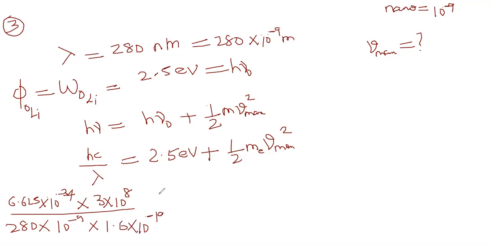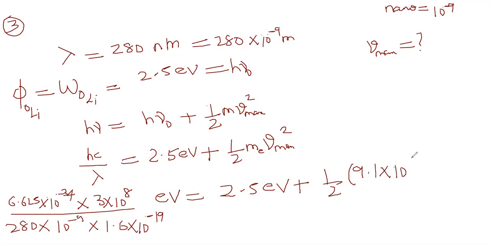Then it will convert into electron volts. Plus half. What is the mass of electron? 9.1 into 10 power minus 31 kg. V max square. So can you solve this now?